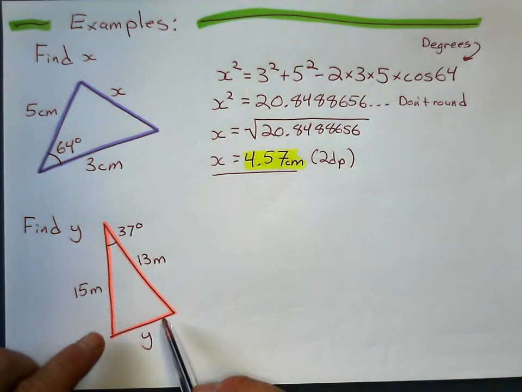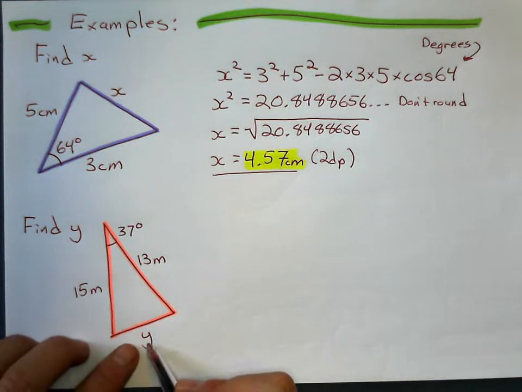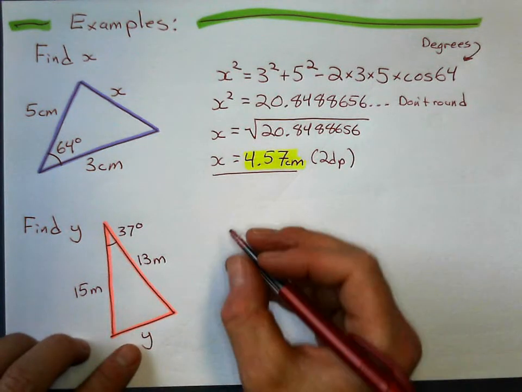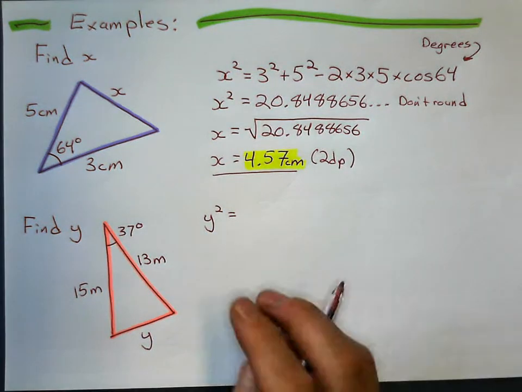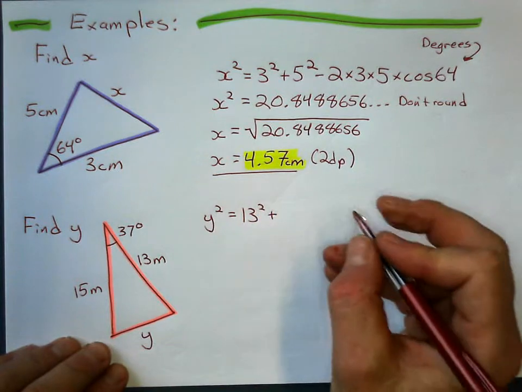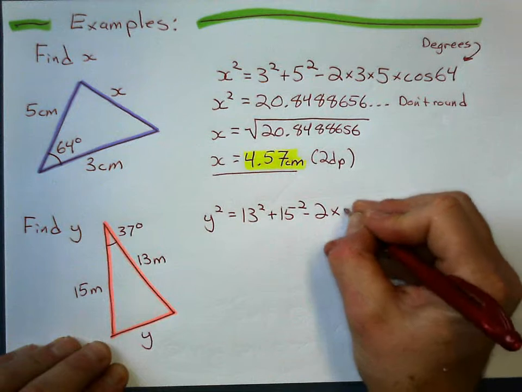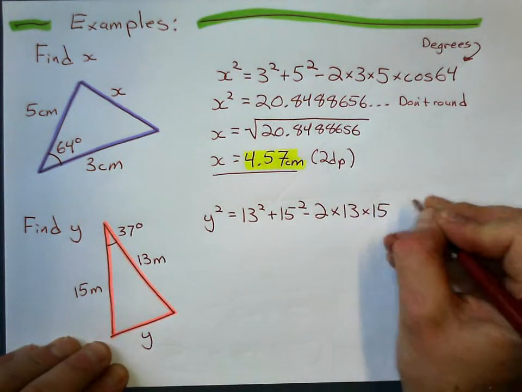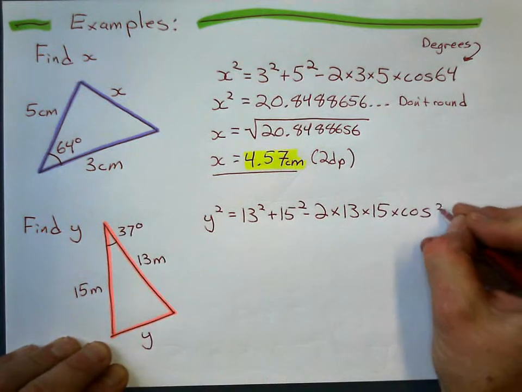Okay, next up, same thing. It's not that much different. Instead of saying x squared, it's going to be y squared. Y squared equals, what are my given sides? 13 and 15. So 13 squared plus 15 squared minus 2 times 13 times 15 times cosine of the angle, 37.